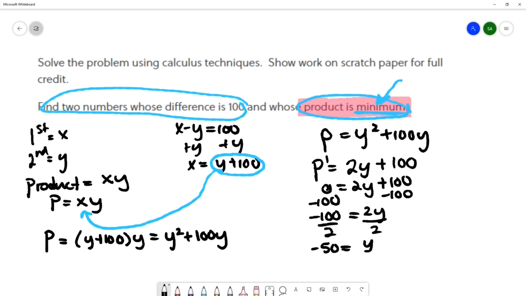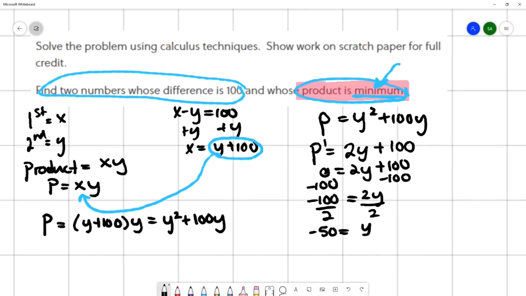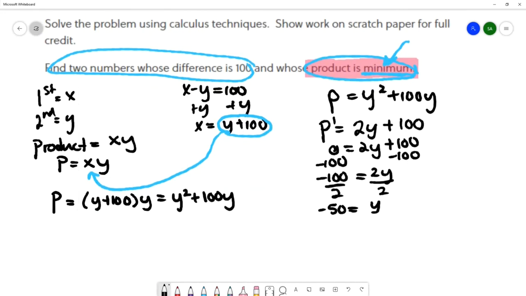And then we're going to use the second derivative to test and see if this critical number is a minimum or a maximum. So let's calculate the second derivative. So I'm using the first derivative to calculate the second derivative. And the second derivative would be just 2. We've got the second derivative being positive.